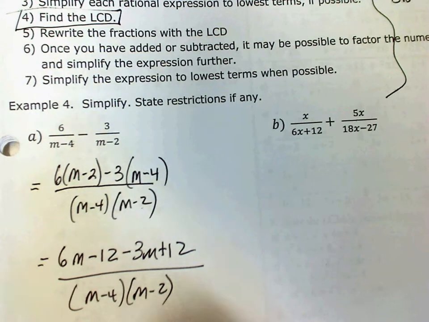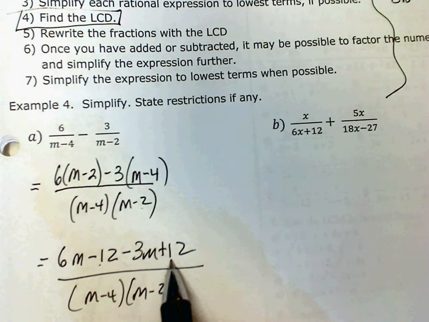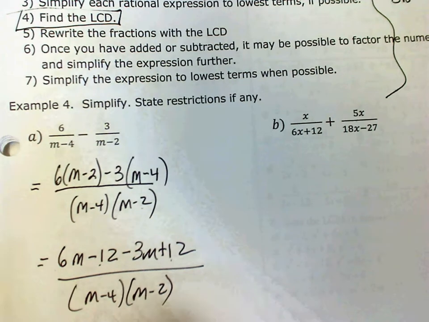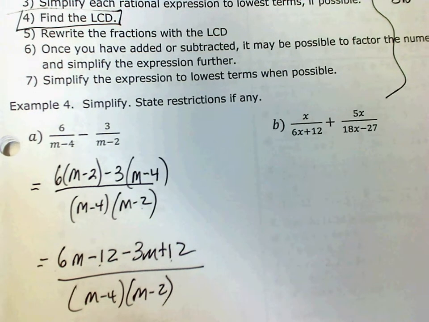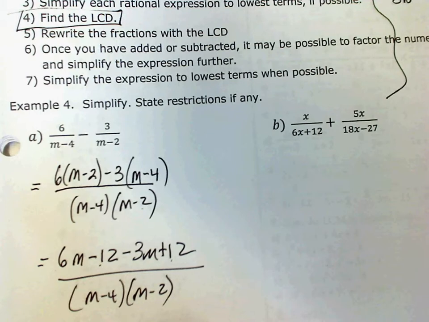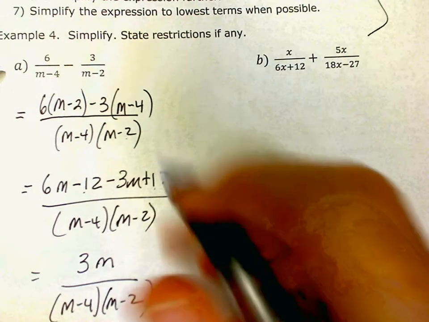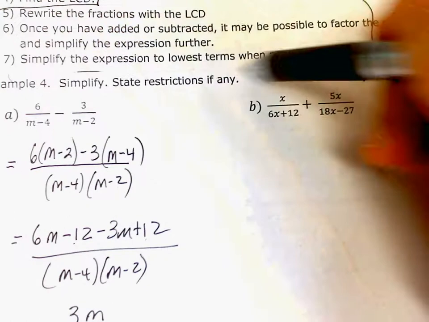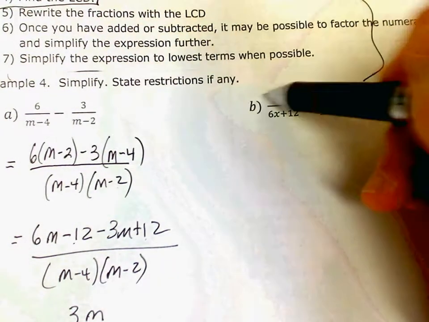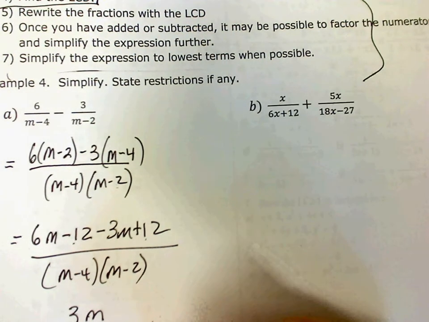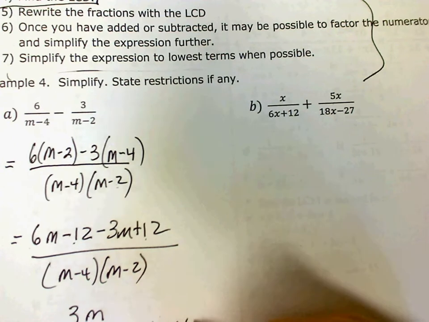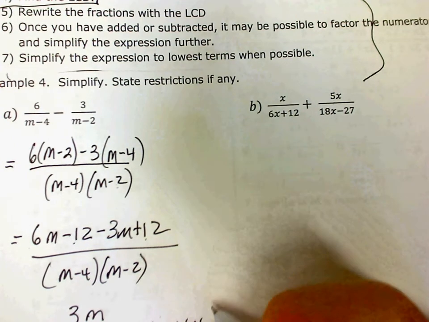Because negative 12 plus 12 is 0, so 6 minus 3 is 3m, times m minus 4, m minus 2. And don't forget, always state restrictions. Simplify and state restrictions, if any. So m cannot be 4 or plus or minus 2.